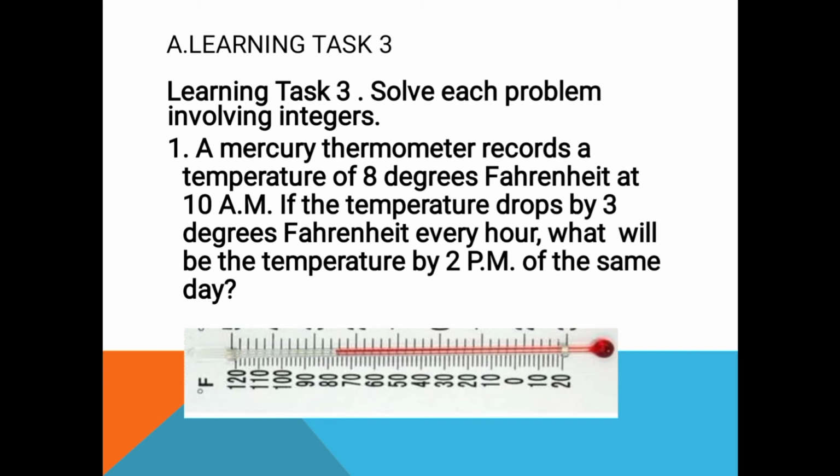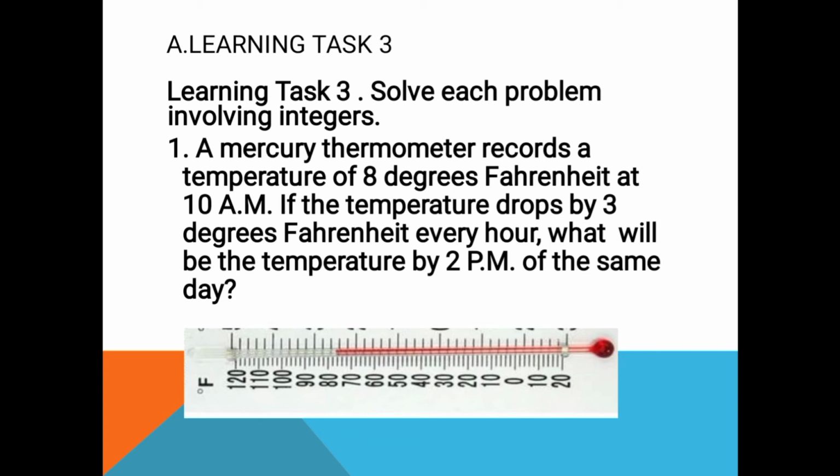So number 1, a mercury thermometer records a temperature of 8 degrees Fahrenheit at 10 a.m. If the temperature drops by 3 degrees Fahrenheit every hour, what will be the temperature by 2 p.m. of the same day? So what will be your analysis to that?